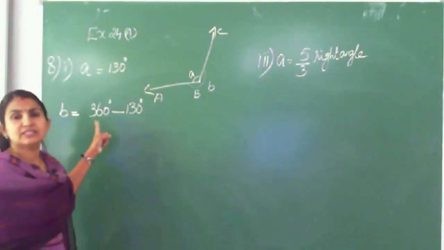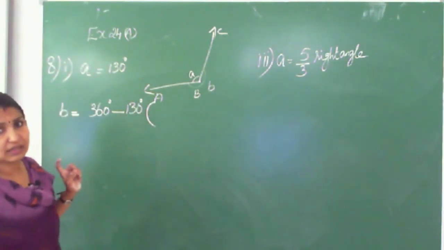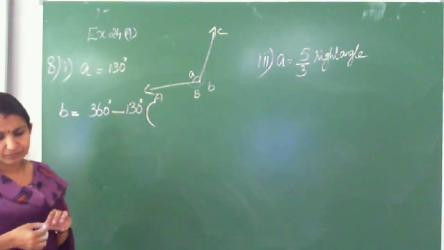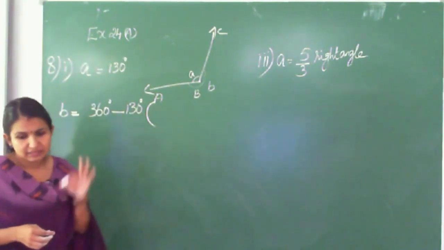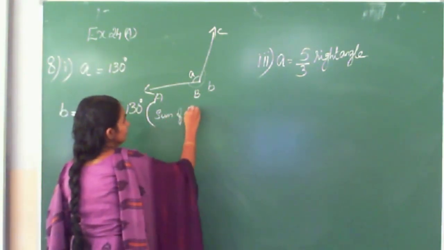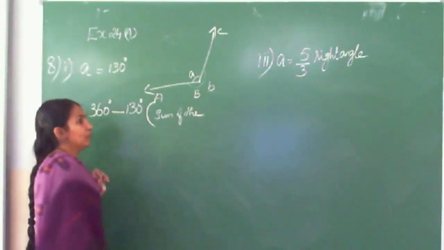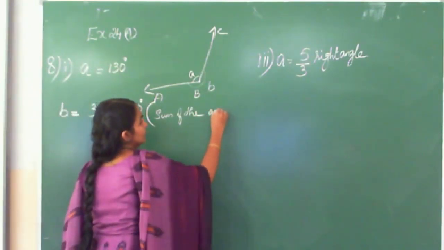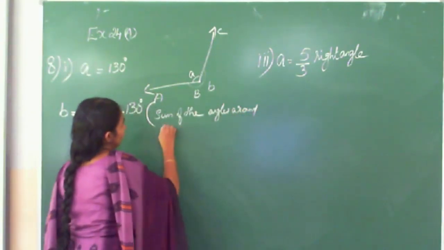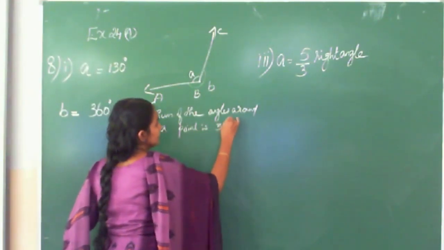From where did we get this 360? We already studied it in the last class, that the degree around a point is always 360. The sum of the angles around a point is 360 degree.